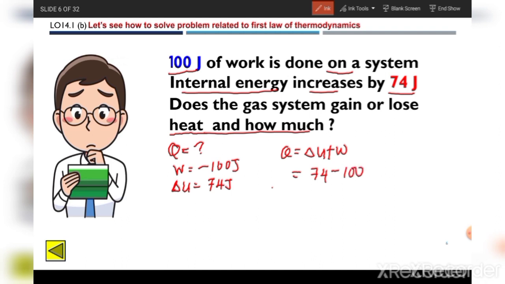We got the answer negative 26 joule. The unit is joule. Since we got a negative answer, that means the heat is lost.